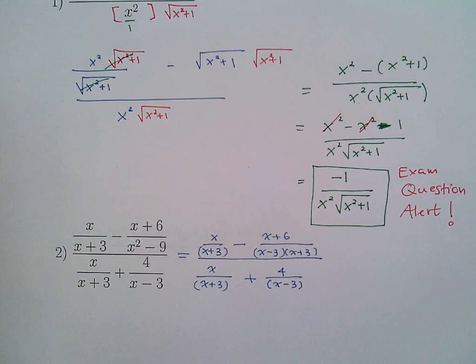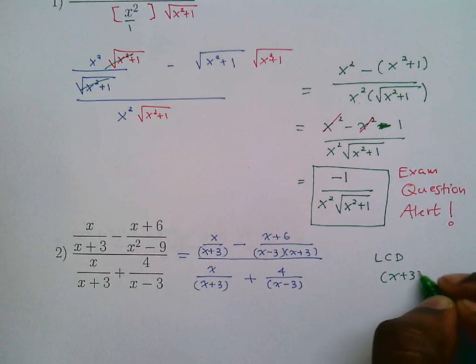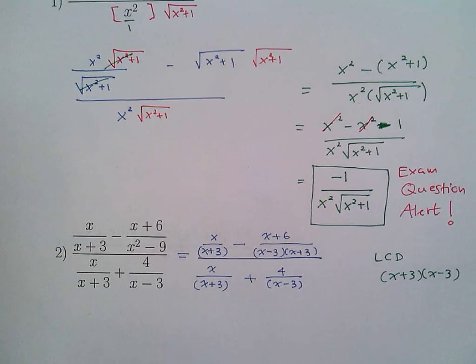Now all I did was factor the second term on the top, and you can see the denominators we have: x plus 3, x plus 3, x minus 3, x plus 3, and x minus 3. So the common ones are just x plus 3 and x minus 3. So the least common denominator is x plus 3, x minus 3.